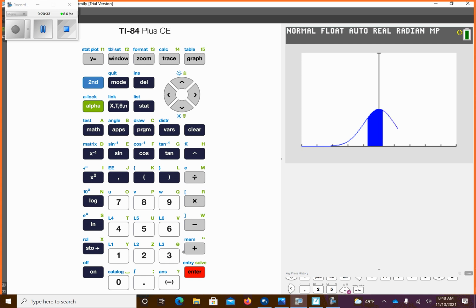So, I got lucky. That very first problem we did said we want to know the area at a z-score of negative 0.75 to positive 0.25. And they said the total area was 37.2. So there's my area, my lower z-score, my upper. For that shaded region, you have to change the window on your calculator.